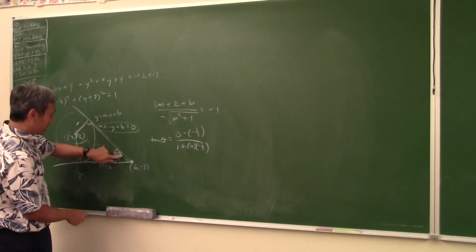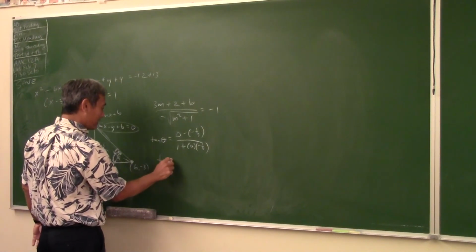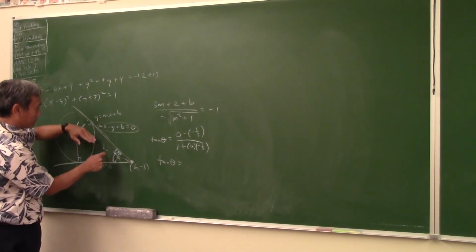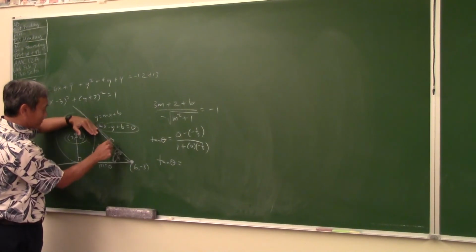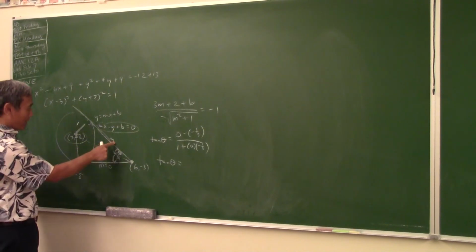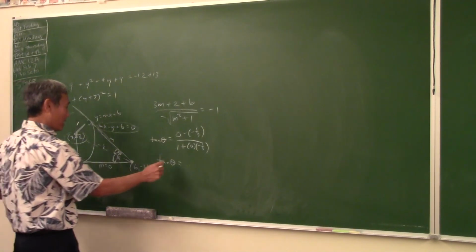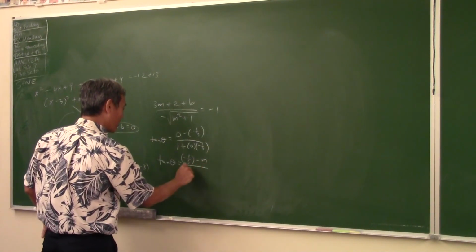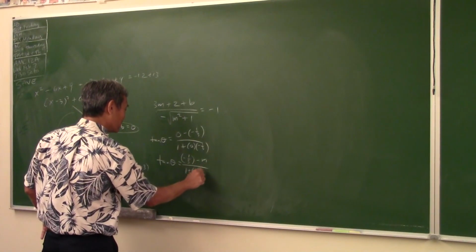And then this angle is also theta, so tan theta equals, but now m1 is the initial side, so that's m. We don't know what that slope is. This is m1 and m2, so plug it into the formula: m2 minus m1 all over 1 plus m2 m1.